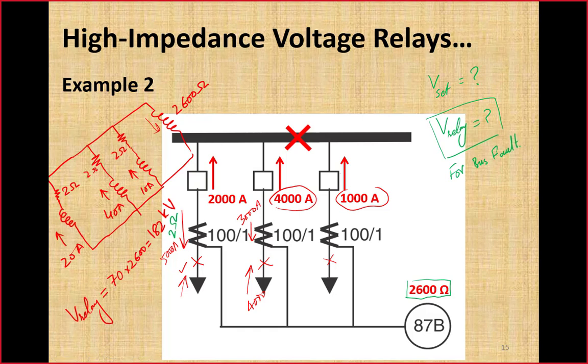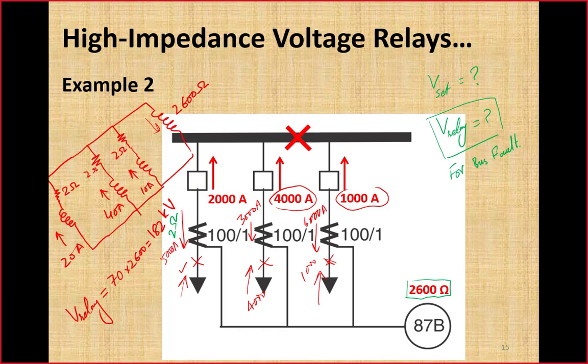But if we assume that fault is here in the third circuit just outside the zone of protection, then the direct contribution will be 1000 ampere, and the contribution from the bus side will be the sum of these two, 4000 plus 2000. So that contribution will become 6000. Now which is the worst condition?